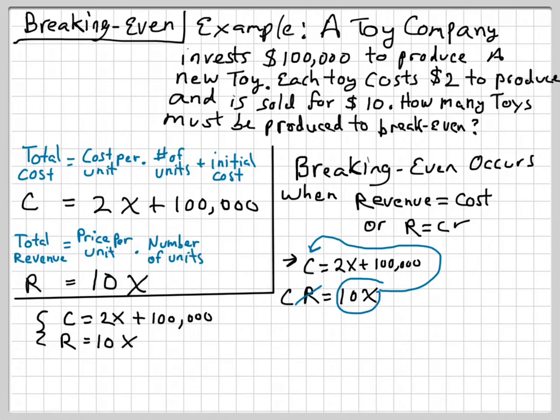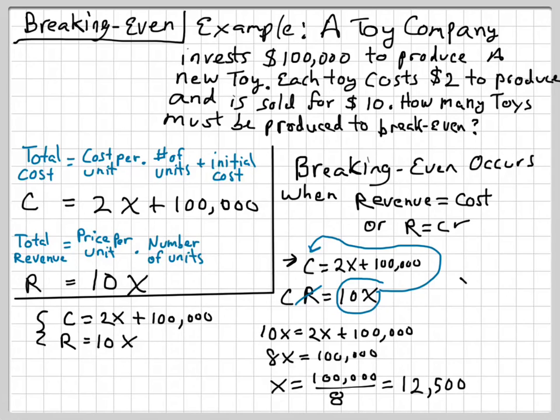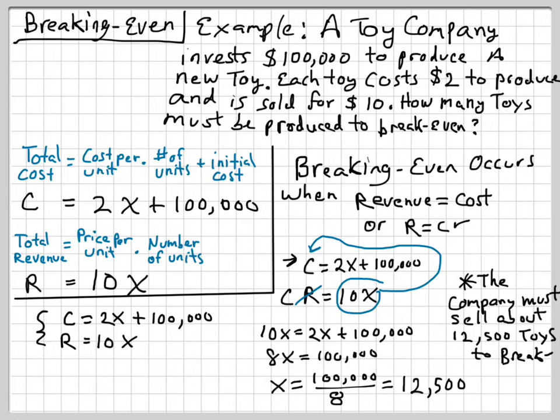Now, since C is equal to 10x, I can take that 10x and substitute it back into the C in the above equation, in which case I get a new equation: 10x is equal to 2x plus 100,000, and I can easily solve for x in this case, and I get that x is equal to 12,500. And in the context of this problem, that is saying that the company must sell about 12,500 toys just to break even. So the company is not going to make money, but it's not going to lose money either.